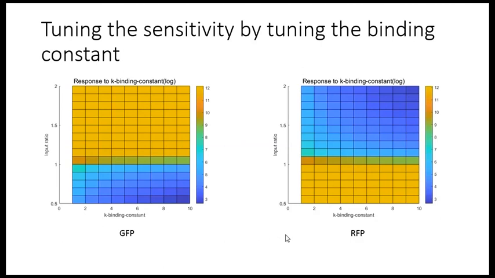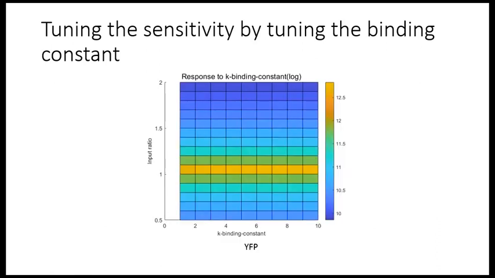And it also works for RFP. We can see that if it changes from 1.2 or 1.1 to 0.9, there will be more fold change for a binding constant of 10 than a binding constant of 1.